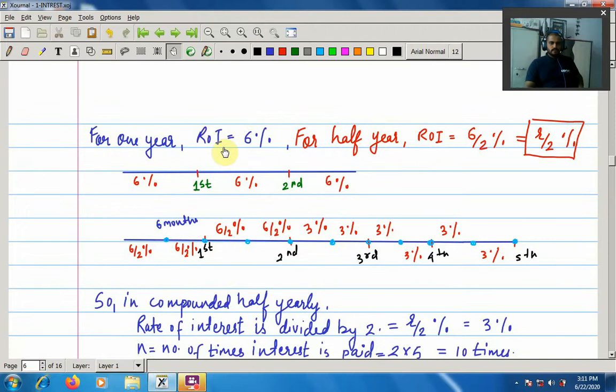It says this 6% is for 1 year and I'm getting interest half yearly. Banks are very smart. They are not going to give 6% for 6 months, because it's written 6% is for 1 year.